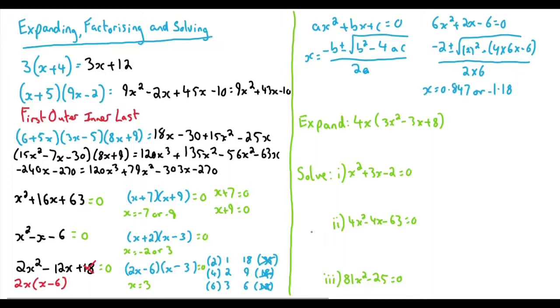Think over what we've been talking about with the different techniques for expanding and factorising depending on what's necessary. Pause the video, have a go for yourself, and then press play again when you're ready to compare.